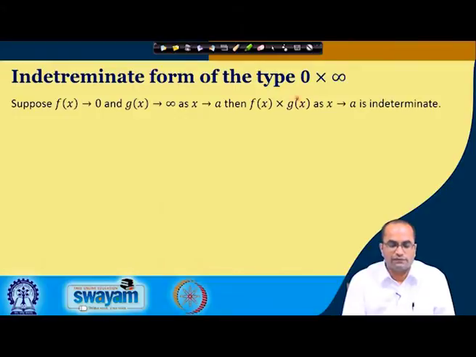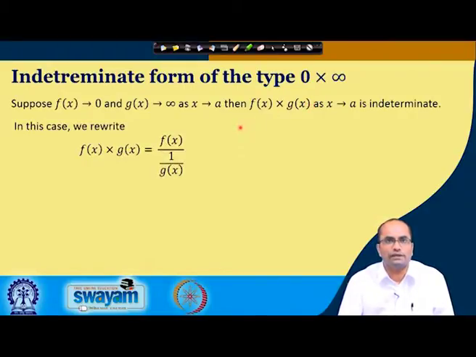So, when we have such a product where one function f x goes to 0 and the other goes to infinity, we can rewrite f x into g x as f x divided by 1 over g x. Here f x goes to 0 and 1 over g x also goes to 0, so we have the 0 by 0 form.